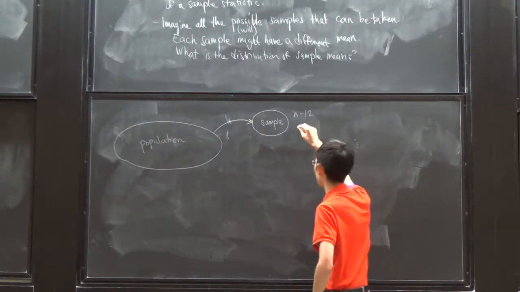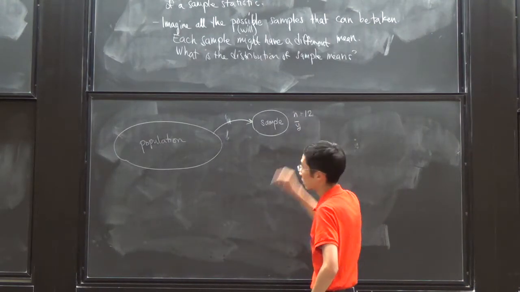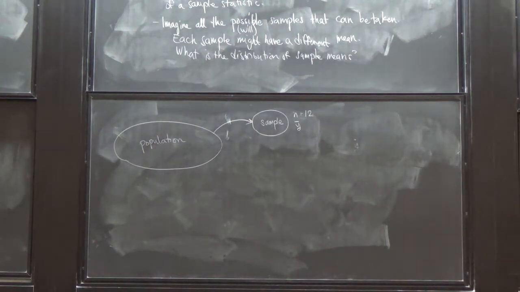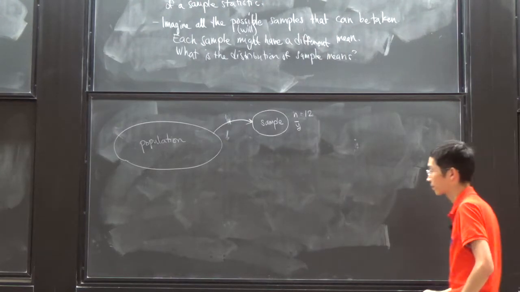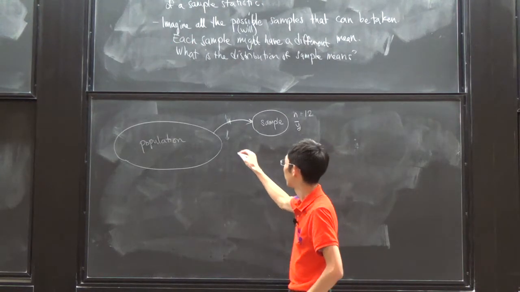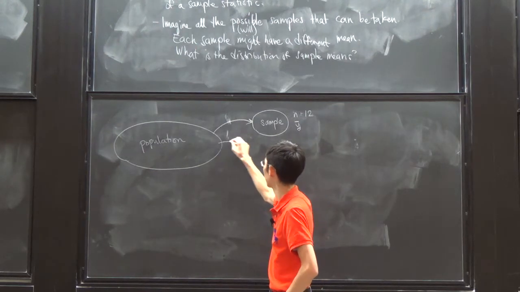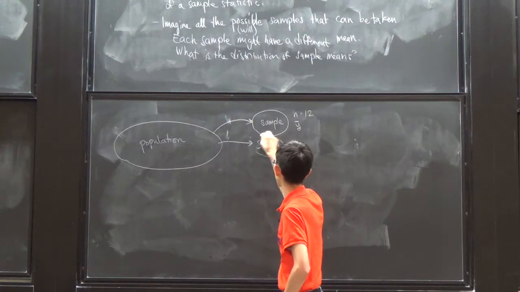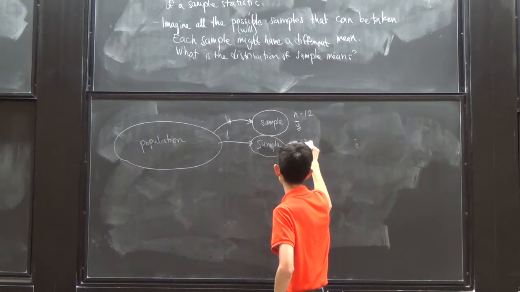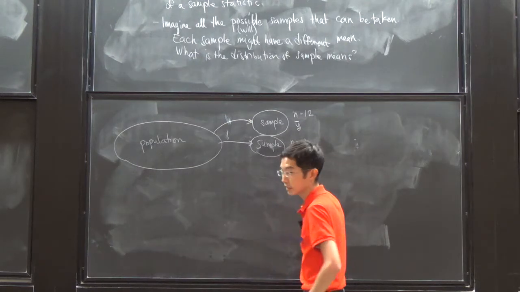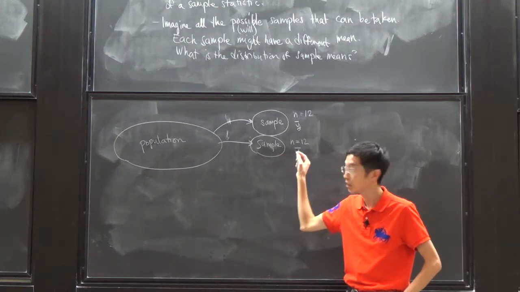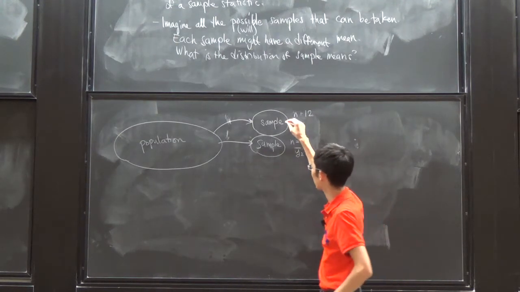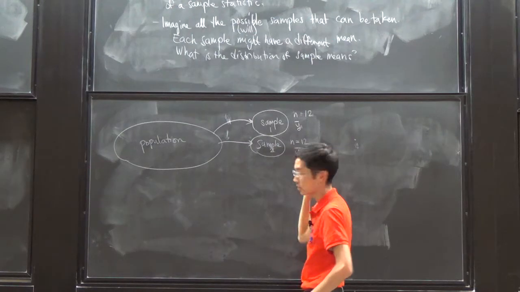I'm going to calculate the mean of this sample, and I'm going to record that. Then maybe I take another sample of 12, and I calculate the mean of the second sample. So I'm going to put y bar 1 and y bar 2 to indicate this is from sample 1 versus sample 2.